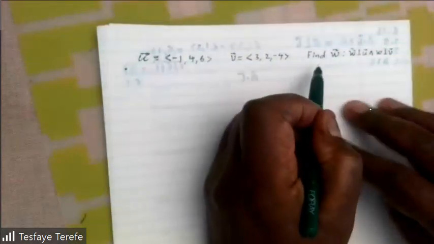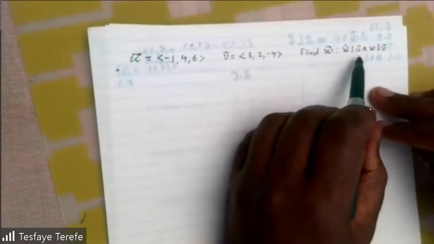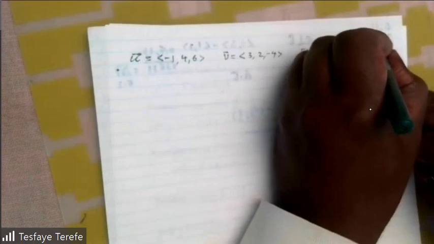And I want to find vector W such that vector W is orthogonal to vector U and vector W is orthogonal to vector V as well. So how do you approach to solve this problem?